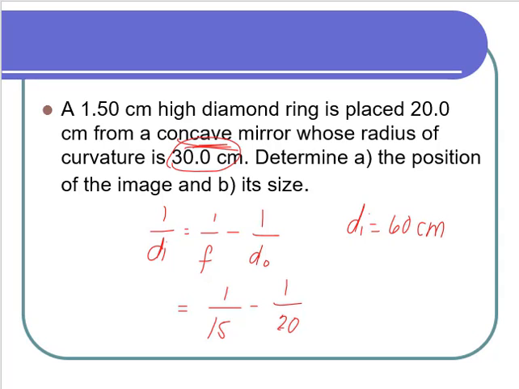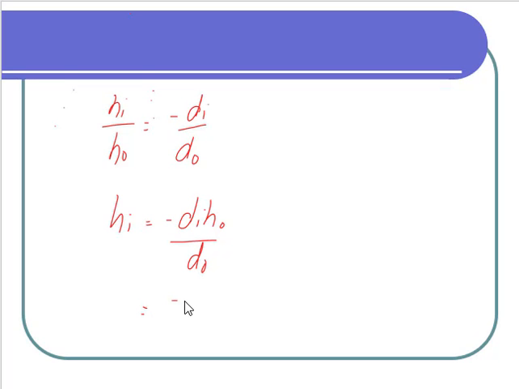And recall that the formula would be: height of the image over height of the object equals negative di, or distance of the image, divided by distance of the object. So let's look for the height of the image. It will just be negative di times ho over do. Substituting the given, the distance of the image that we got is 60, and the height of the object is 1.5 centimeters.